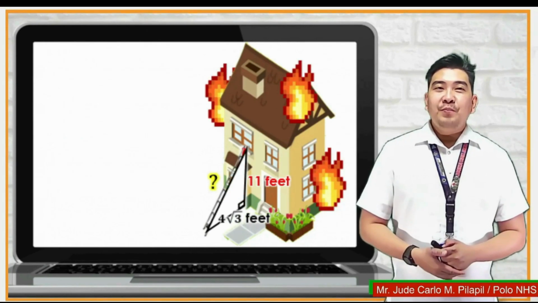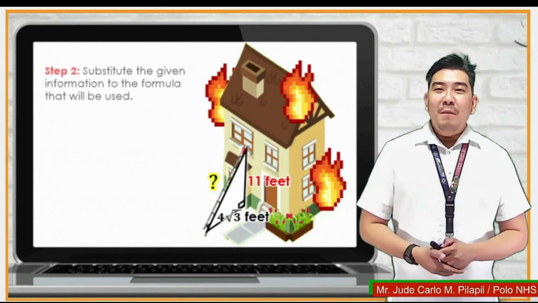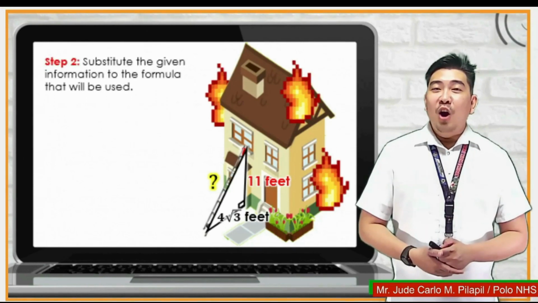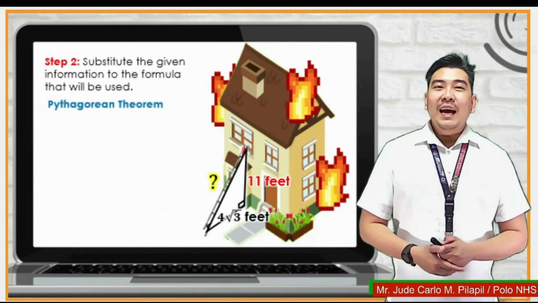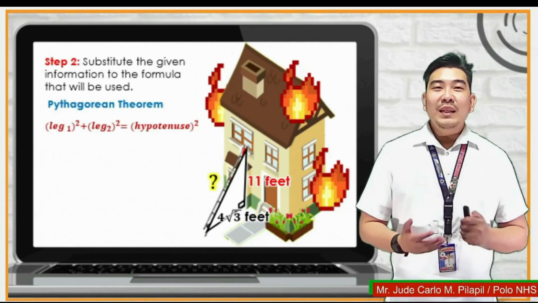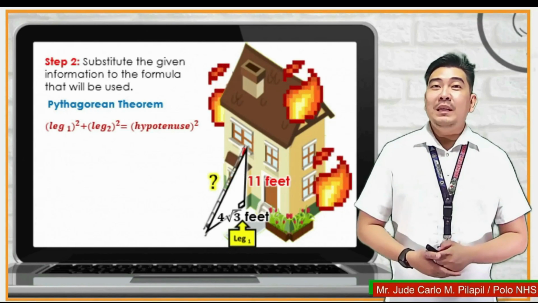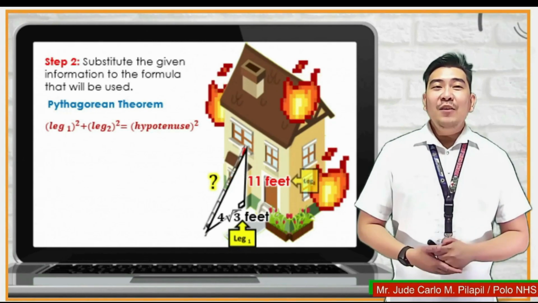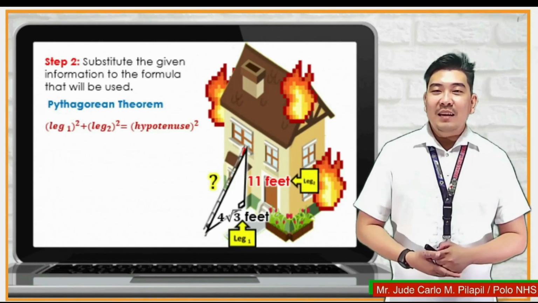Step number 2. Using the Pythagorean theorem, we can solve for the length of the ladder. Let us identify the legs and the hypotenuse. So we let 4 square root of 3 feet be the first leg, and 11 feet be the second leg.